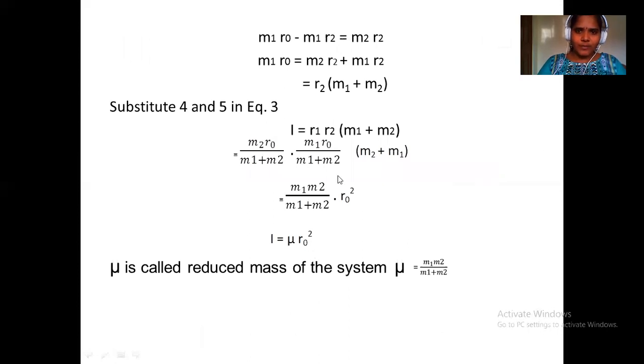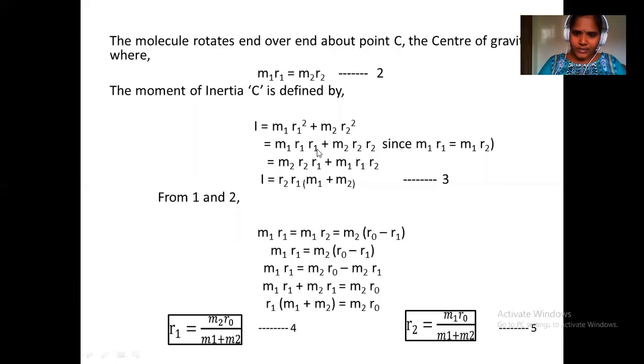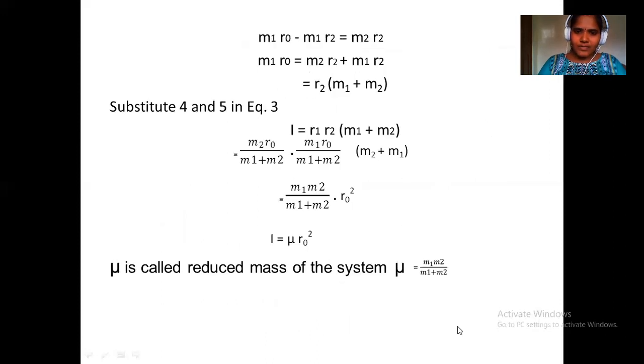If you substitute in the equation, inertia is equal to R1 R2 into M1 plus M2, where R1 and R2 are the values we got: M2 R0 by M1 plus M2 into M1 R0 by M1 plus M2 into M1 plus M2.